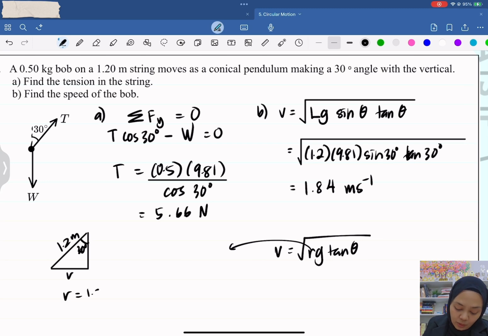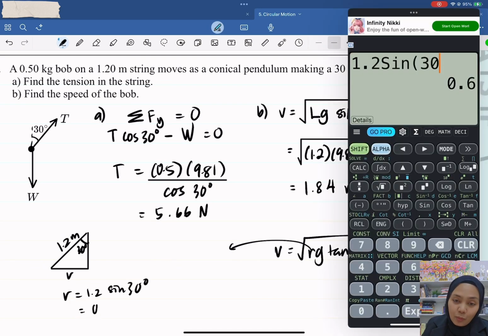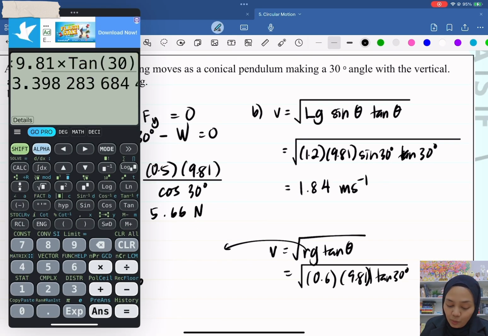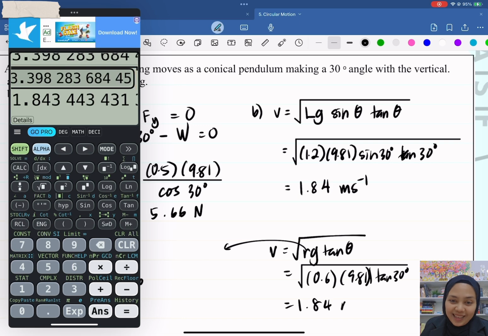So r equals 1.2 sin 30 degrees, which is basically the same thing. So this one we got 0.6. When we add into this equation, 0.6 times 9.81 tan 30 degrees, you're still going to get 1.84 meter per second.